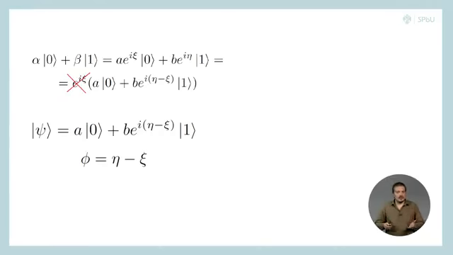So the state psi can now be rewritten like this. We have a real coefficient before the vector 0, and the imaginary part before the vector 1 has now the physical meaning of the relative phase shift. Let's denote the angle of this shift, eta minus xi, by just one letter, say phi.